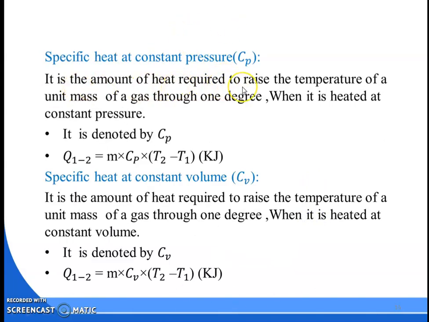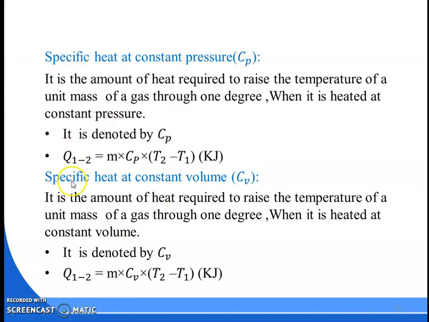It is the amount of heat required to raise the temperature of unit mass of a gas through 1 degree when it is heated at constant pressure. It is denoted by Cp. Then how do you calculate Cp? We know that Q is equal to mc dT. So for a process 1 to 2, Q1-2 is equal to m Cp dT, specific heat at constant pressure into dT. dT means T2 minus T1, and the unit is kilojoule.